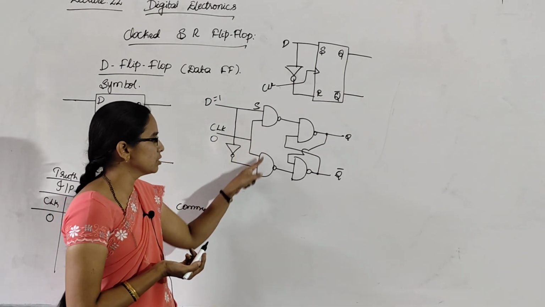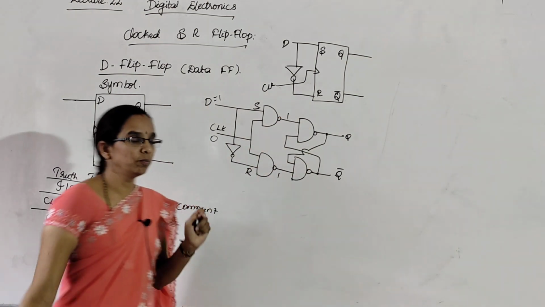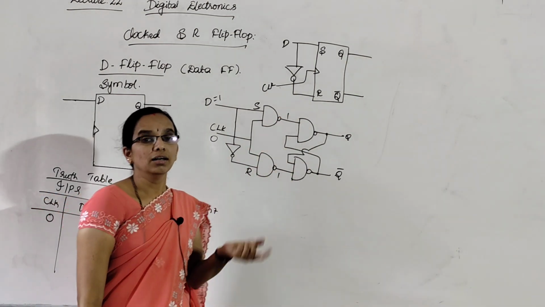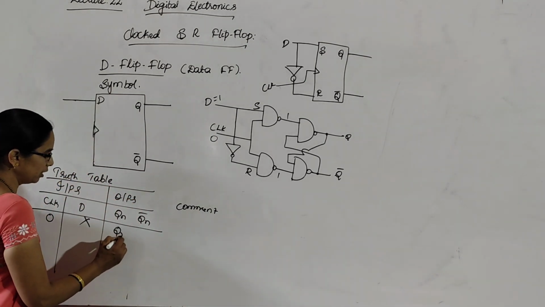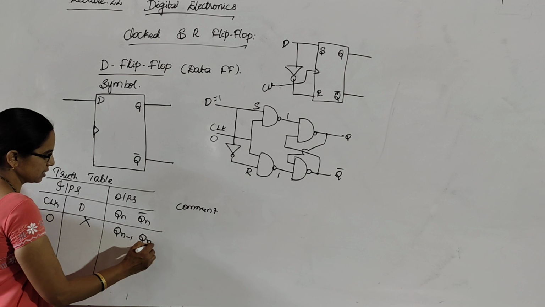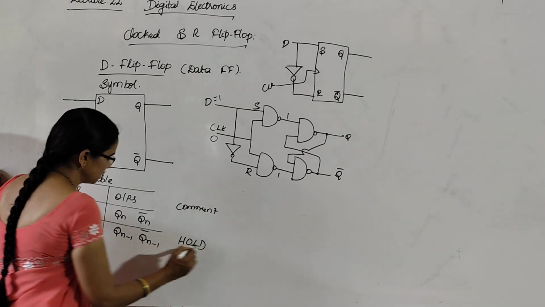Whenever one of the inputs of these two gates is 0, the output will be 1, and this latch is going to hold mode only. So it will remain in its previous state itself. So it is hold state whenever the clock is 0.